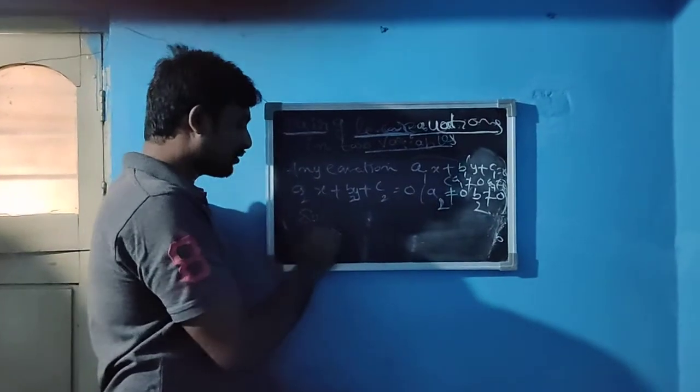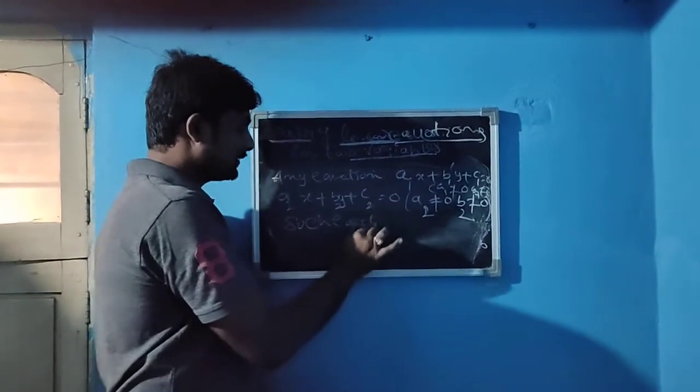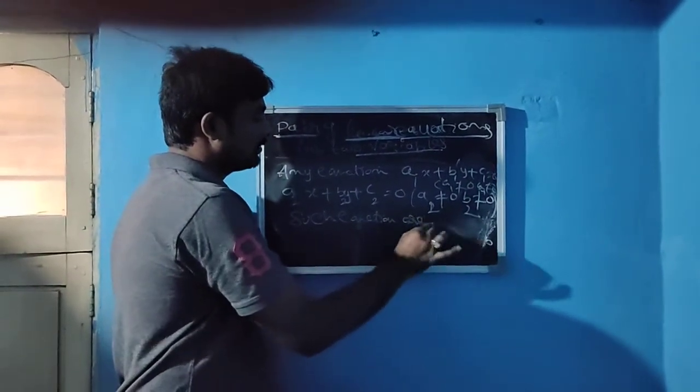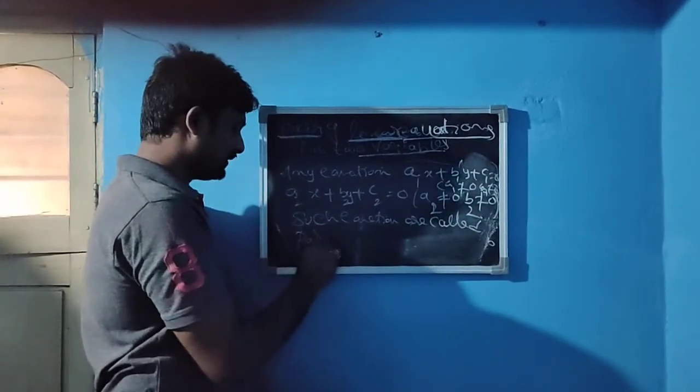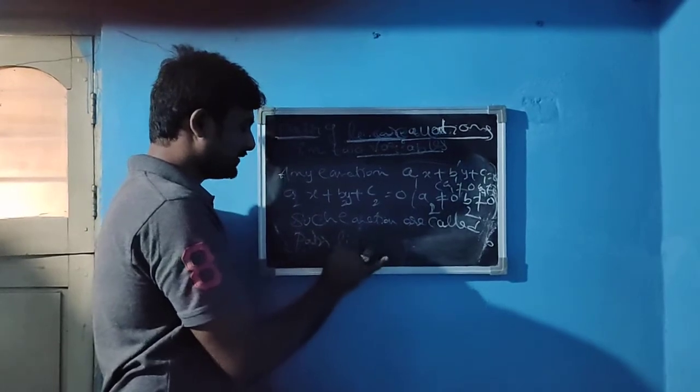Such equations are called a pair of linear equations.